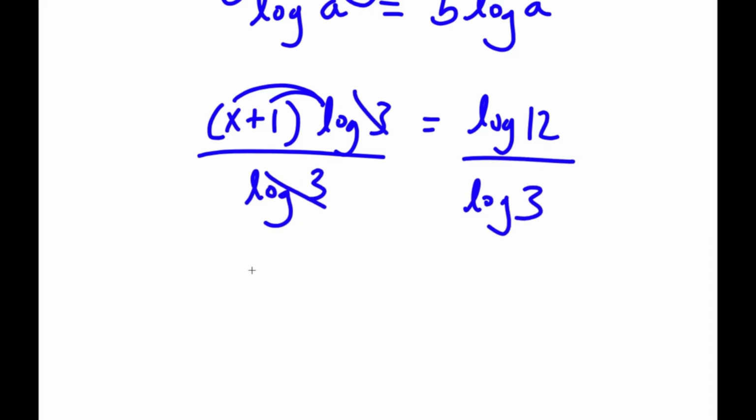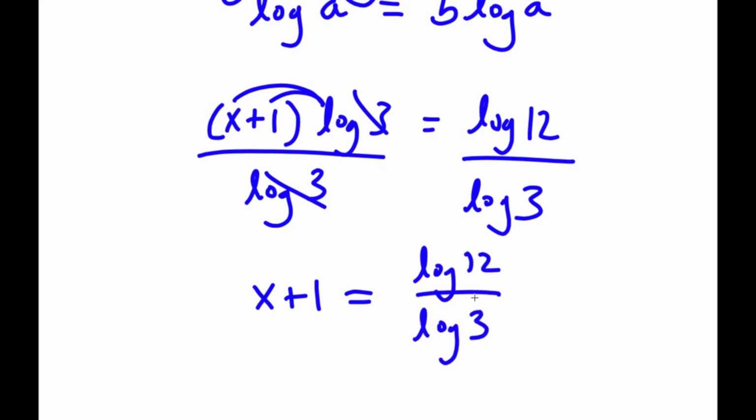So then these two cancel out, and I'll be left with x plus 1 is equal to log 12 over log 3. So now I'm going to go ahead and find the value of log 12 over log 3.